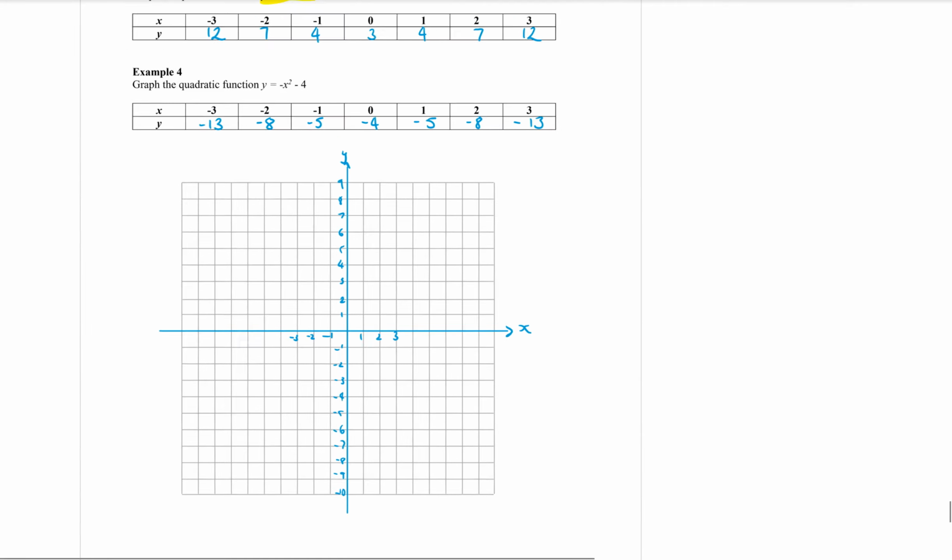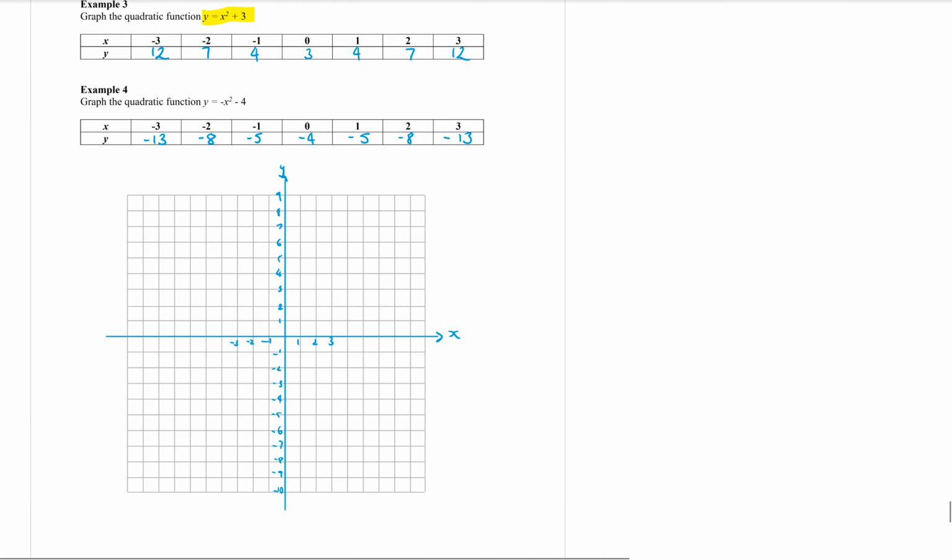Okay. So for the first equation, I had x is -3, y is 12. Can't fit it. So let's go to the next one. X is -2, y is 7. X is -1, y is 4. 0 is 3. 1 is 4. 2 is 7.